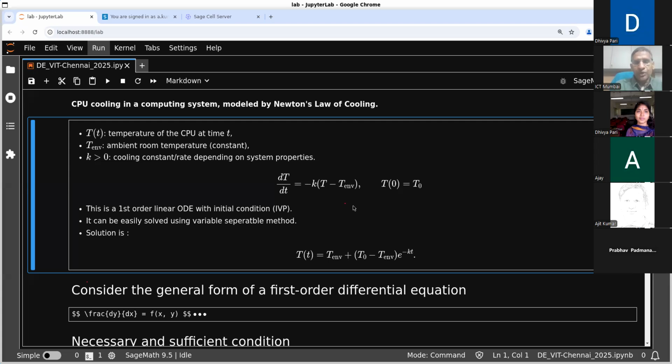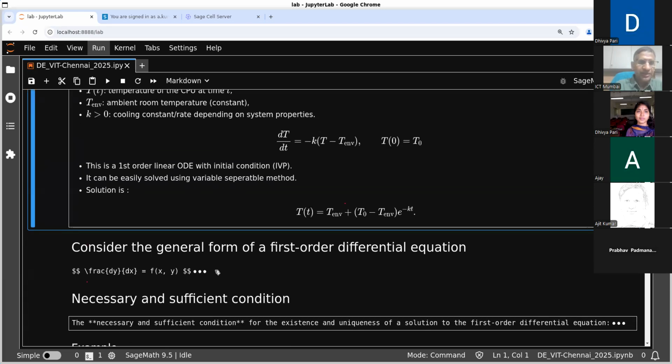You can very easily solve this using separation of variables, and the solution comes as T at any time t is T environment plus (T0 minus T environment) multiplied by e to the power Kt. So that's very simple. I'm sure you must have solved this many times.